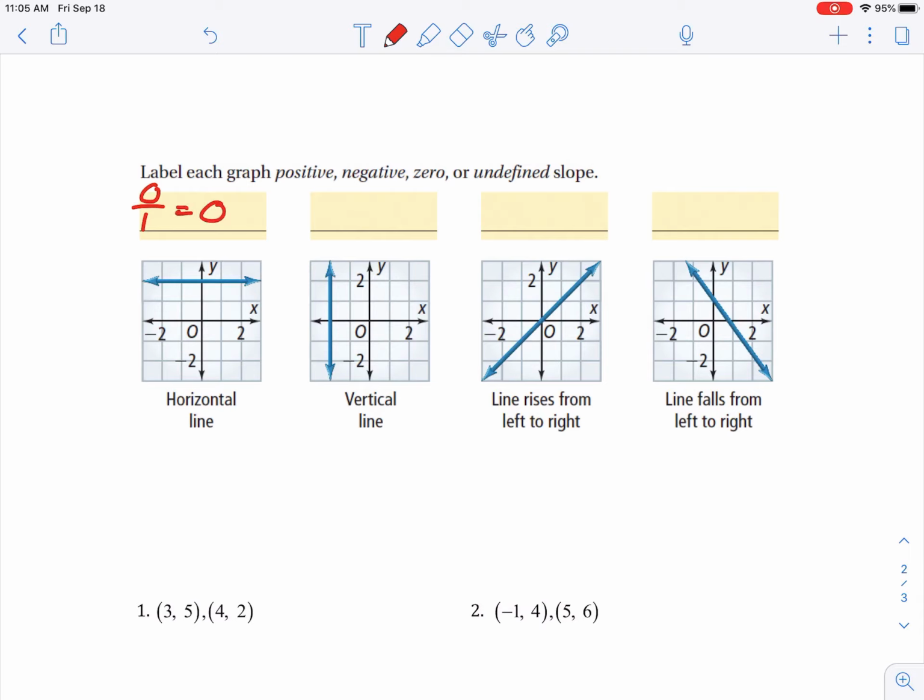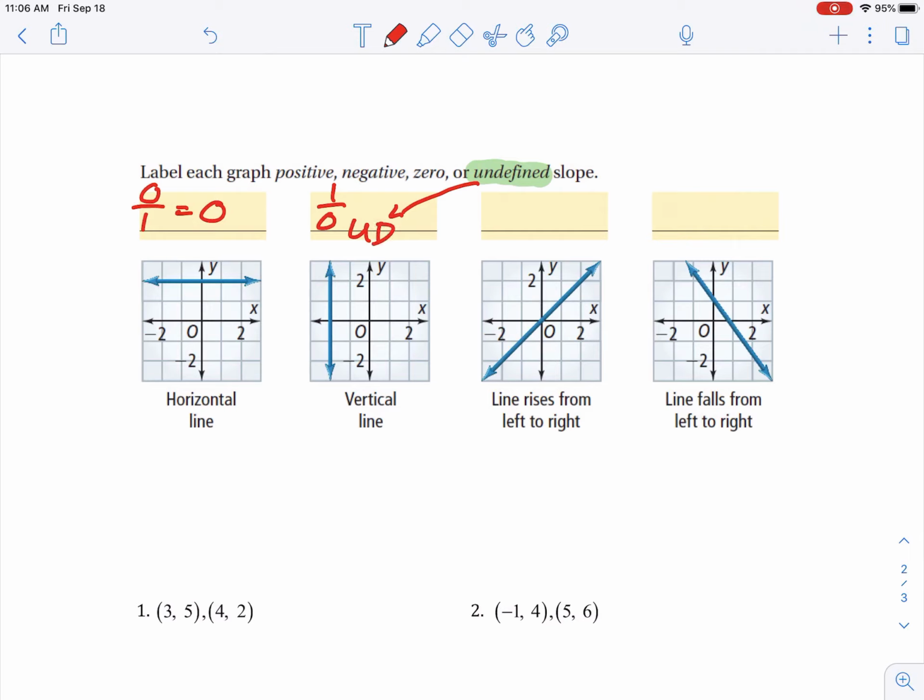Here, a vertical line, we're talking about our rise of 1 and a run of 0. So it's the reciprocal. We've got 1 over 0. Now that's a problem right there. We cannot divide by 0. It is undefined. So this would be our undefined slope right here, and we can just call that UD for undefined.